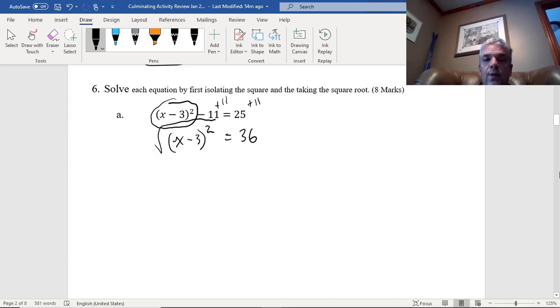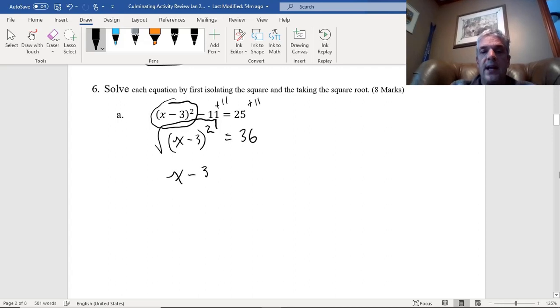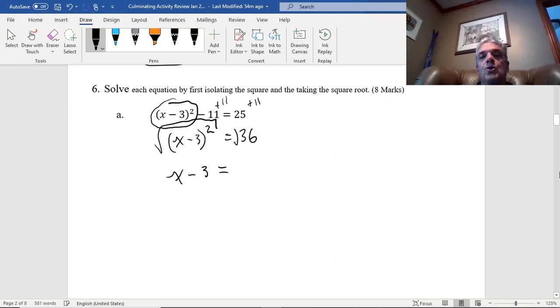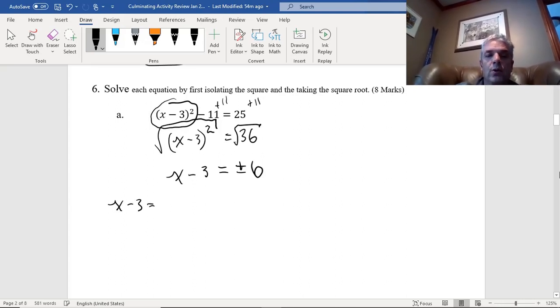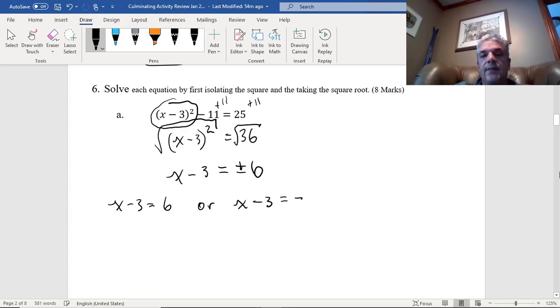When we square root this, that will simply leave us with x minus 3 equals the square root of 36, which is plus or minus 6. And what this means is we have two possible answers. We have x minus 3 equals positive 6, or x minus 3 equals negative 6.